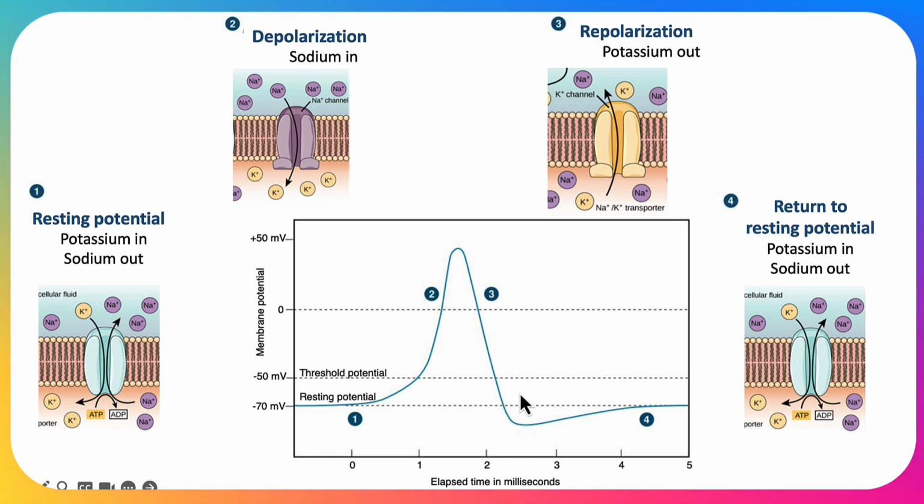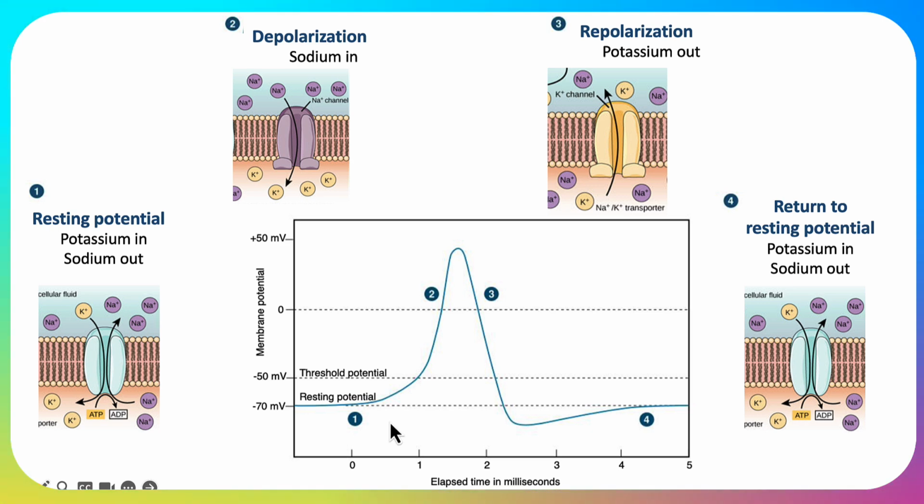So we need to talk about how we can set this up in the neuron to be able to rapidly become positive and then negative. It does this through sodium-potassium pumps in the membrane, the cell membrane of the axon.